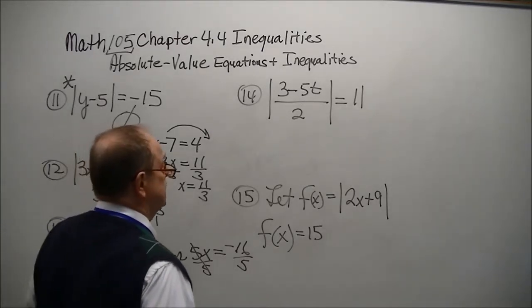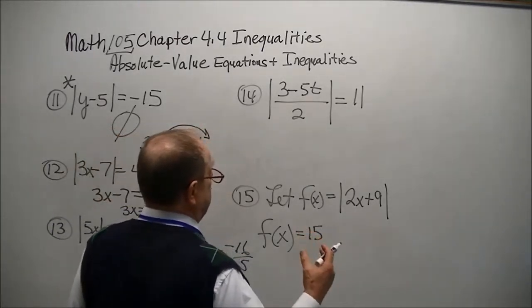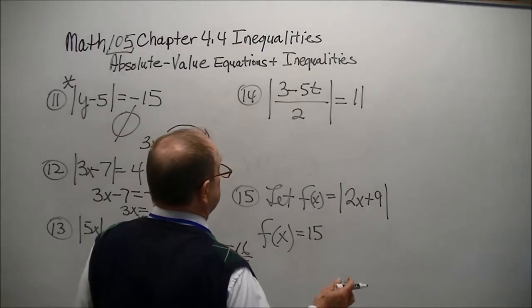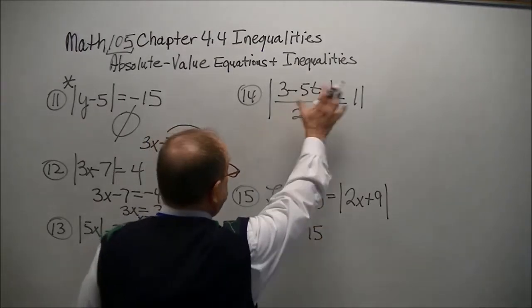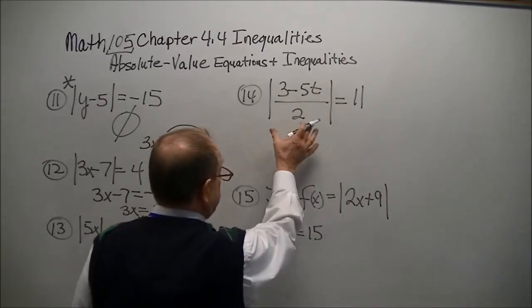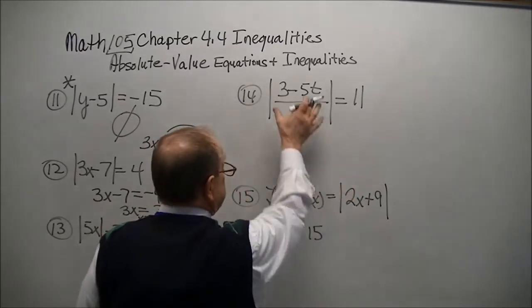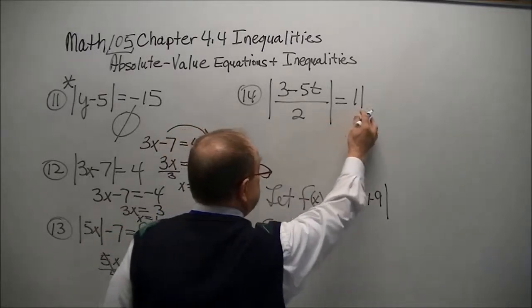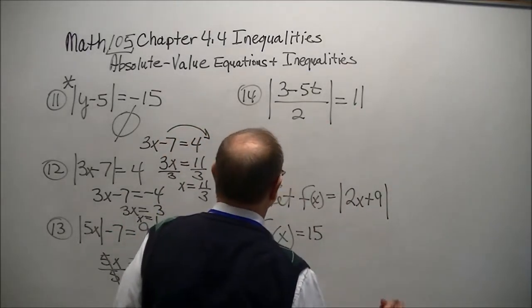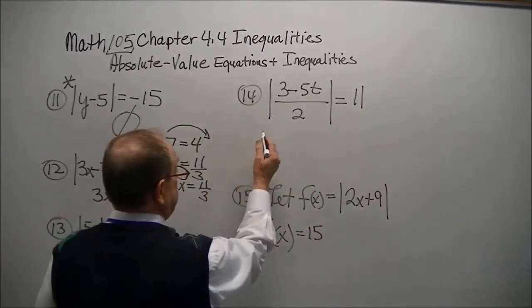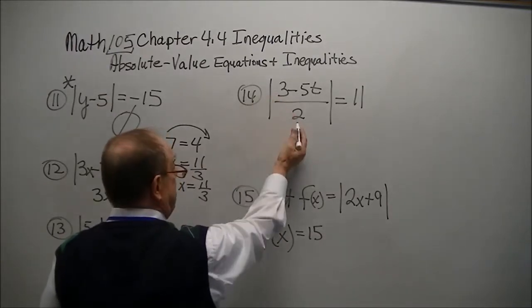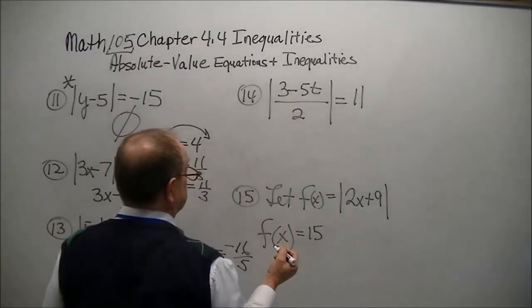Now, for this one, in solving it, basically we could rewrite it this way. Take away the absolute signs, equal 11. Take away the absolute signs, equals a negative 11. And then we're going to multiply both sides by 2.